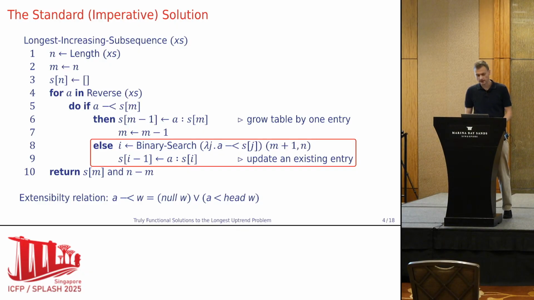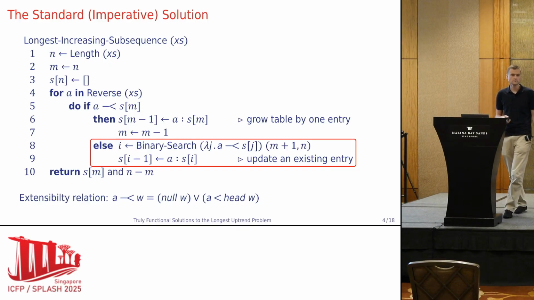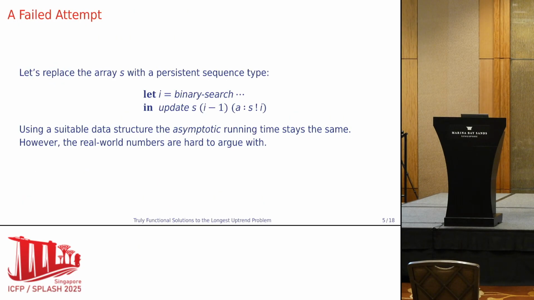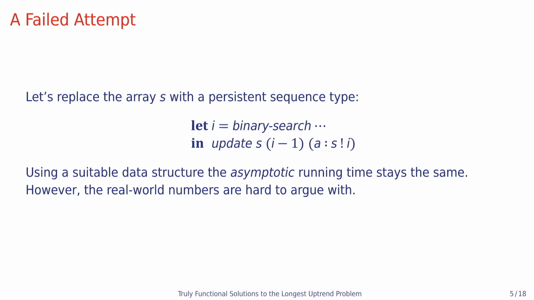Now what we did was to basically take this implementation and translate it directly into functional code, by basically just replacing the array with a persistent sequence type. If you do this and choose the correct sequence type, you still get the same asymptotic performance.